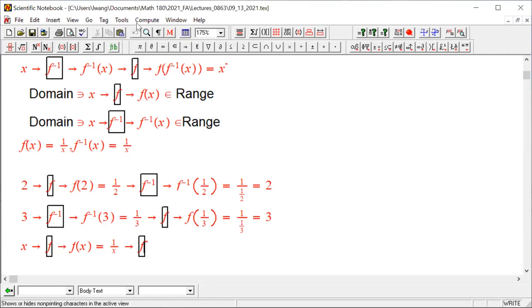F inverse: this time my input is 1 over x. Do you guys see that? F inverse is 1 over x. Therefore, plugging in 1 over x is going to be 1 over x, and that equals x.